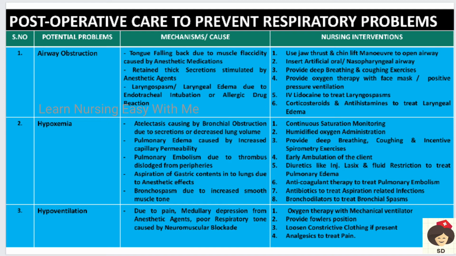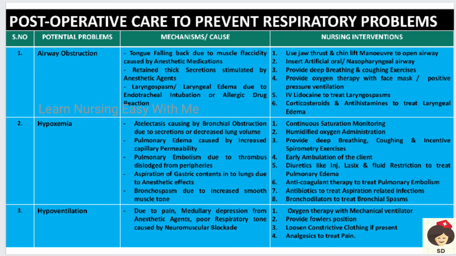Early ambulation will help in mobilizing the secretions and bringing them out. And a diuretic like Lasix and fluid restriction in case of pulmonary edema. And anticoagulant therapy: in embolism there will be a thrombus, and in order to dislodge the thrombus we give anticoagulation. And antibiotics to treat infection, and bronchodilators in order to treat bronchial constriction.